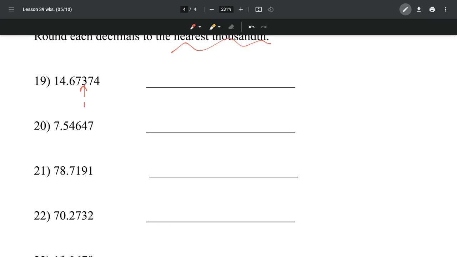And so that rounds to 14.674, because 74 rounds up. How about number 20? We have 7.54647. Here's our thousandths place. And 47 rounds down, and so we have 7.546.